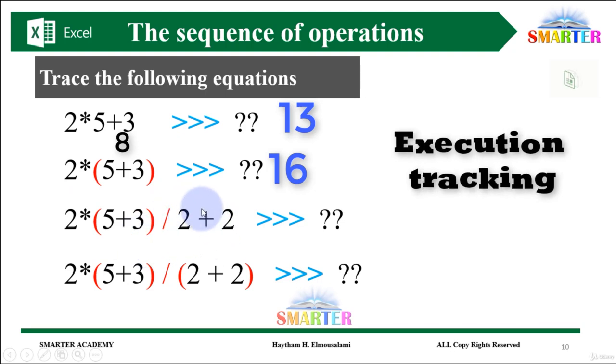So first priority is the parentheses, so the first operation will be 5 plus 3, the result is 8, multiplied by 2, so the result is 16, divided by 2, so the result will be 8, added to 2, so the result will be 10.